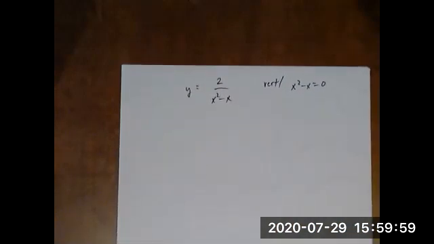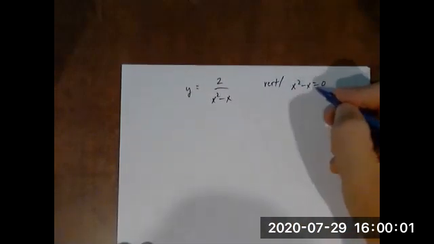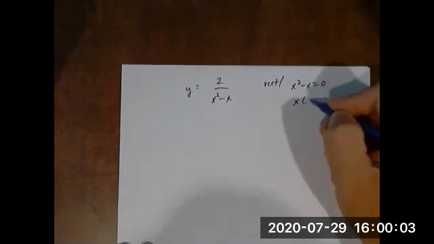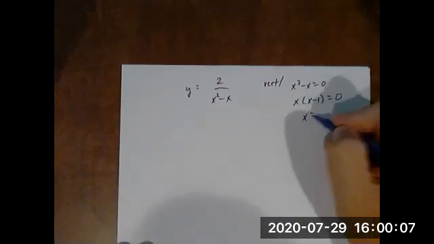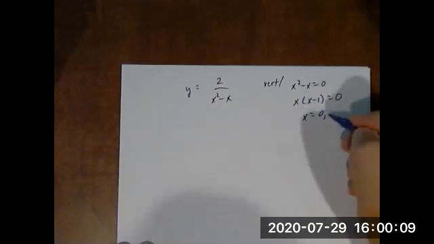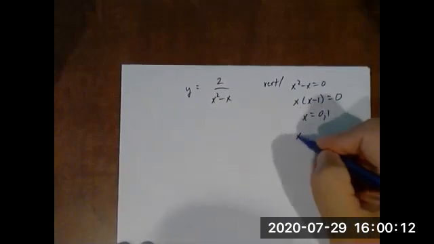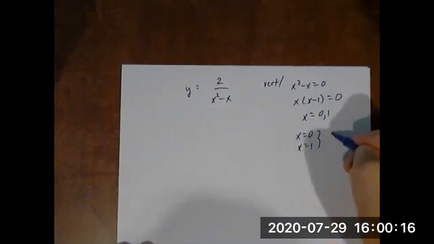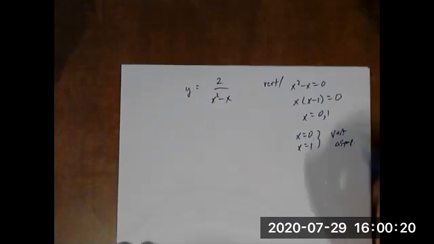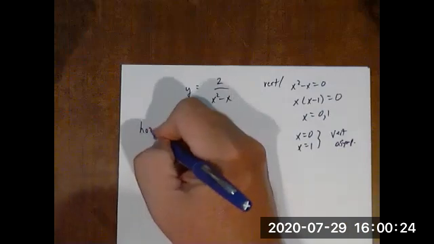Take the denominator, set it equal to 0. Solve it. Here I'm going to factor out. Looks like there are two solutions when x is 0 or x is 1. Therefore, two vertical asymptotes.